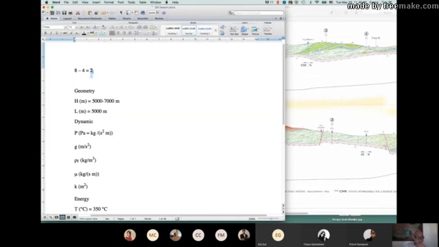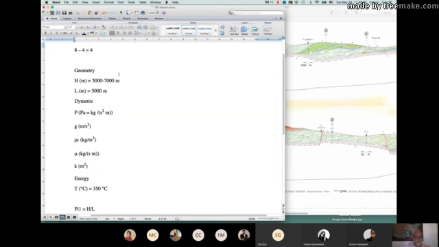So 4 parameters, and we'll try to define them, but still I have nothing to go against the temperature so that I can cancel out the temperature.